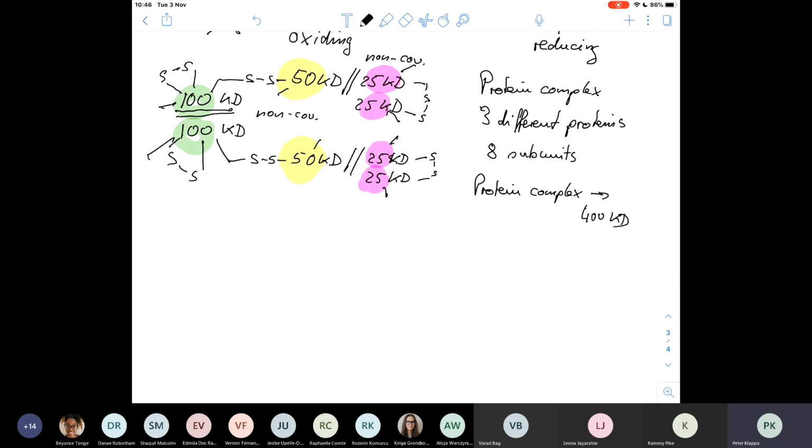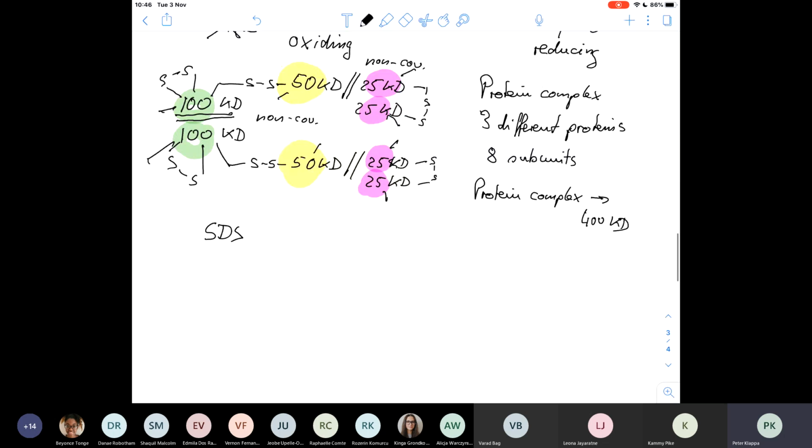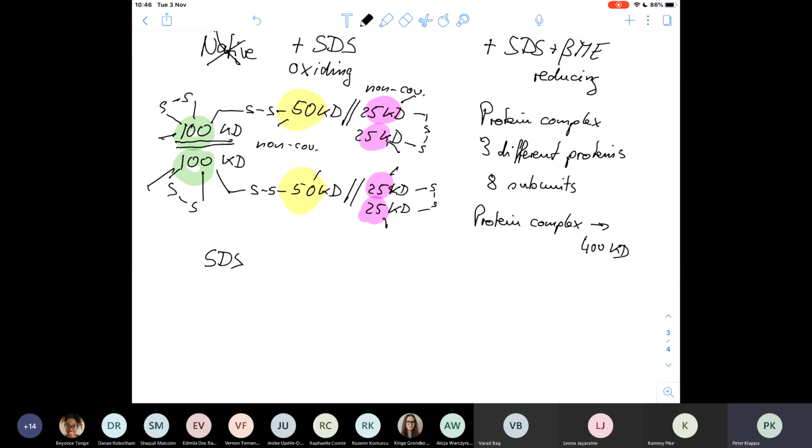So let's run this protein complex on an SDS gel. Actually, if we run this complex without SDS in the first place, how is this complex charged? Do we know?